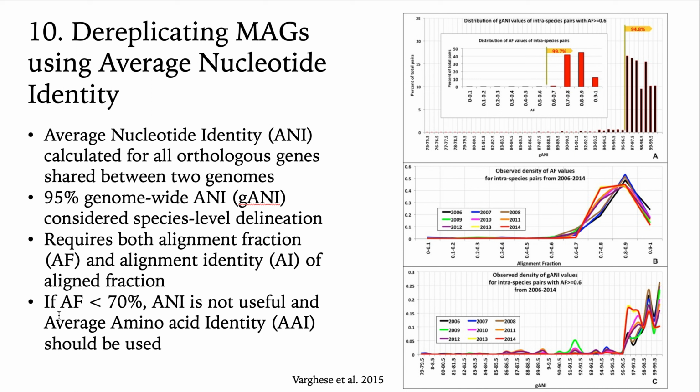And so on the right, you can see some charts showing how sequenced genomes compare to each other using ANI. There was a fair bit of work done on this in the last 10 or so years, and it turns out that the 95% species level definition came from these meta-analyses that showed a clear separation in groups of genomes.